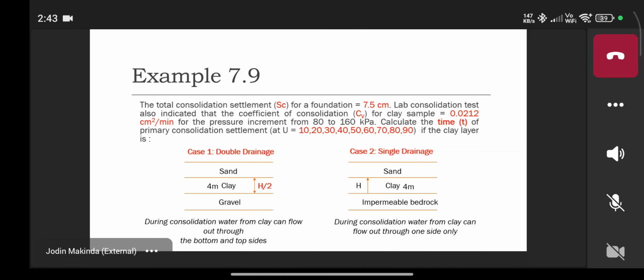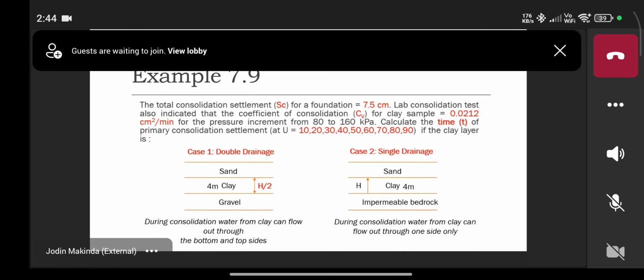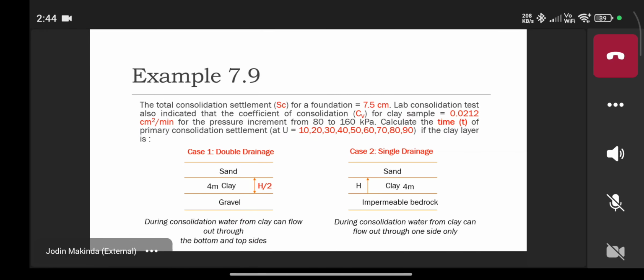So when construction is happening at the single drainage, the water from the clay also will flow out, but it will flow out only from one direction, which is to the sand, because sand is permeable. It cannot flow out into the impermeable bedrock. Therefore, in this case, H is equivalent to 4 meter. Beza dia dengan double drainage.